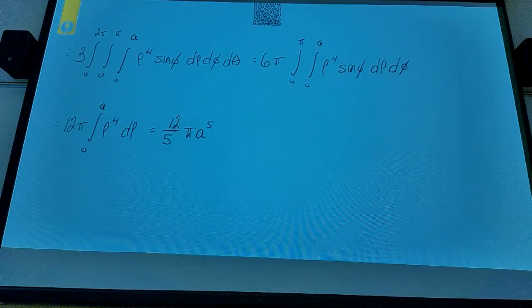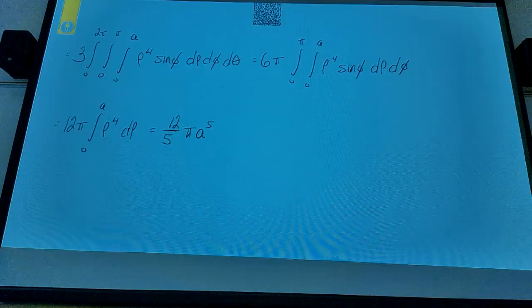Then rho to the fourth integrates to rho to the fifth over 5, from 0 to a, which is just a to the fifth over 5. We get a total flux of 12 fifths pi a to the fifth. So it's pretty straightforward.